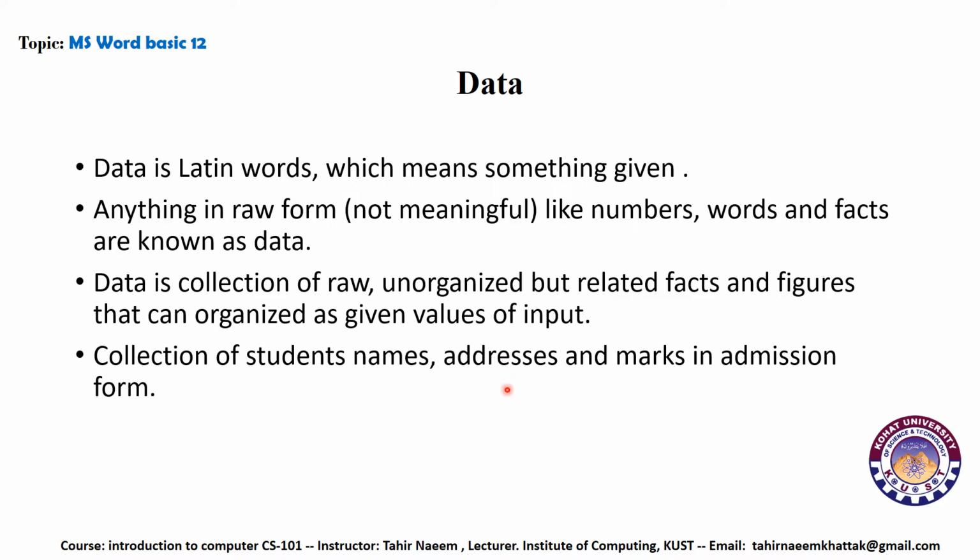The data written on the admission form, like name, address, and marks, we consider data. Data is the raw material used as input. Whenever we give input to a computer or any other electronic device, it is known as data.